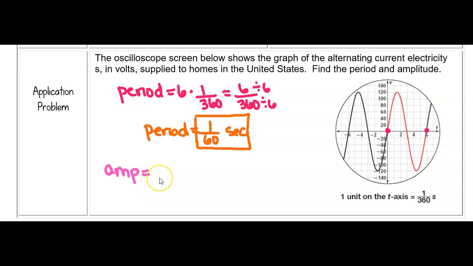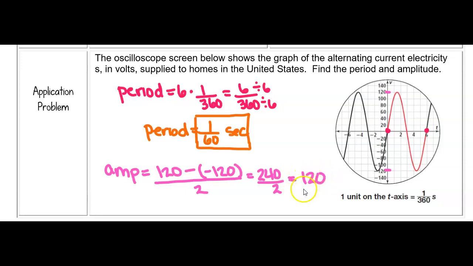So if you got 120 for your amplitude, you'd be correct. The highest that this wave goes is 120 volts, and the lowest is going to be a negative 120 volts. And we're going to divide that by 2. So basically 240 divided by 2 is going to be back to 120.